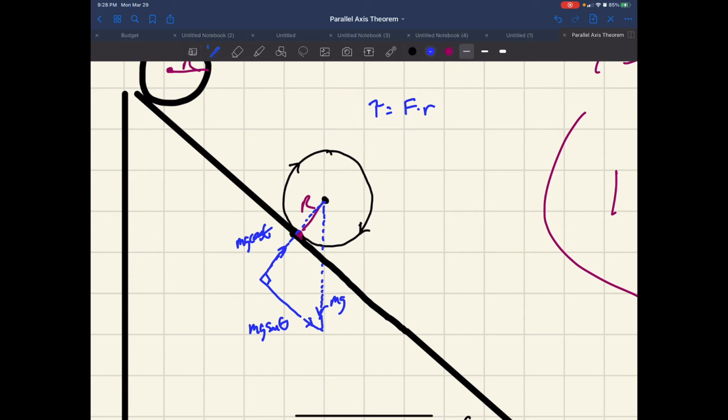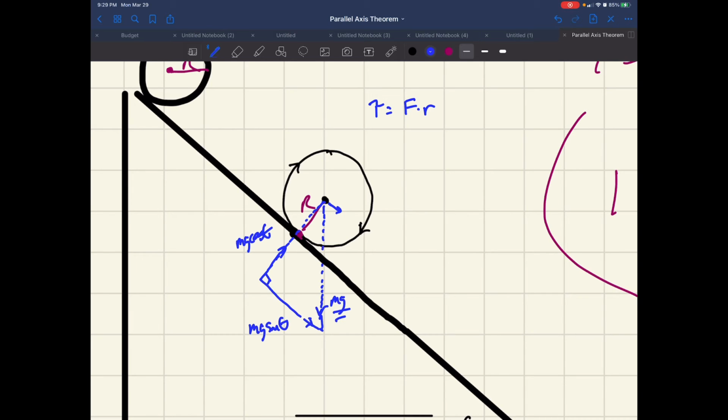The initial temptation is to use the mg force of gravity applied at a distance of r. So the initial temptation is to go to mgr. However, this thing is accelerating this way down the ramp. It is not accelerating straight down. So it can't simply be mg.